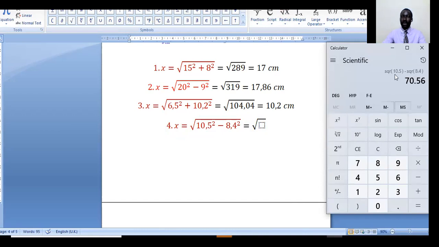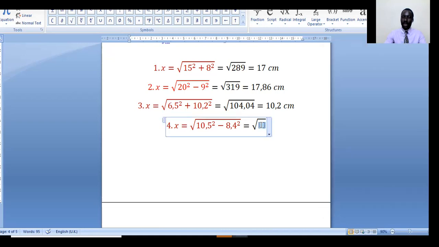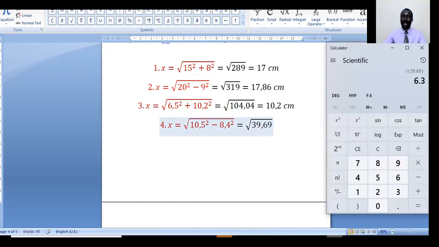Now notice that when we square 10.5 and we square 8.4, we get the difference of the two. This one must give us what? 39.69. Now we get the square root of that. That gives us what? 6.3. So inside here we write 39.69. That's what our calculator is giving us, 39.69.